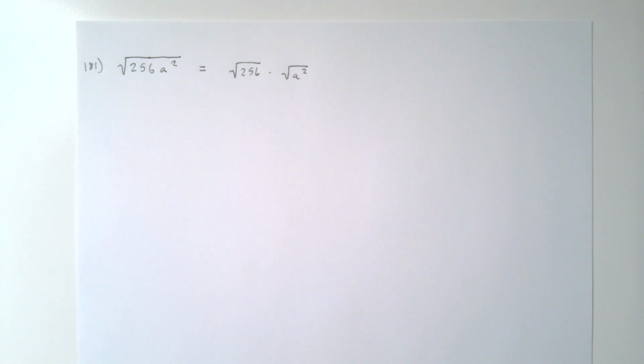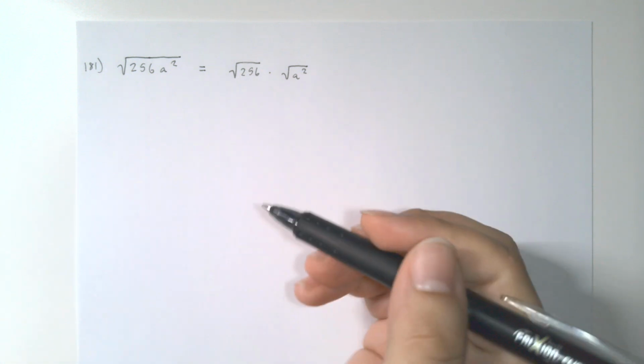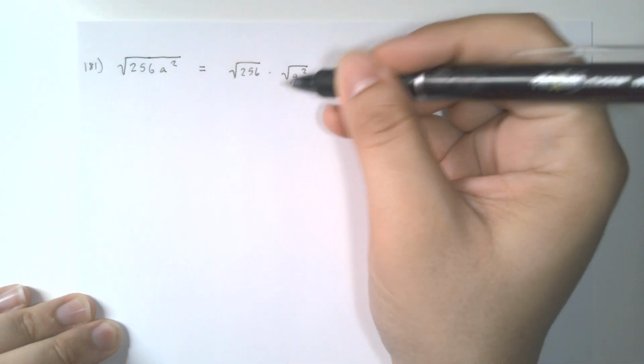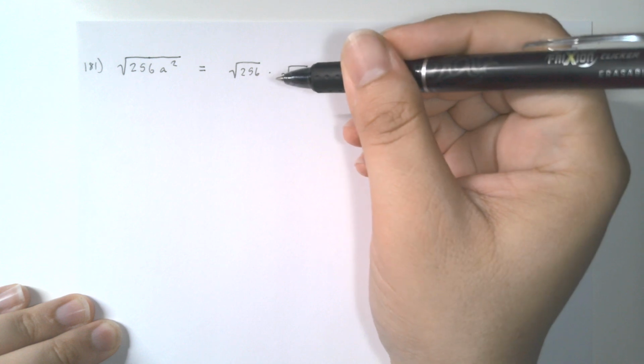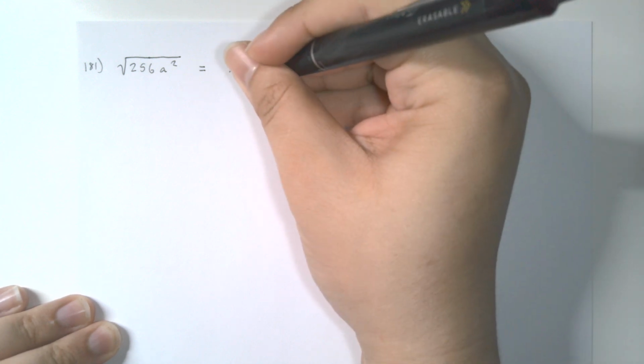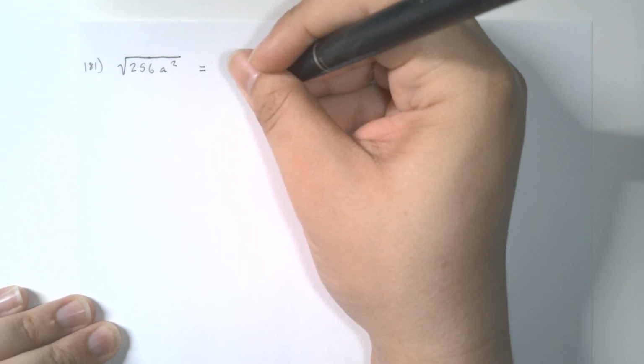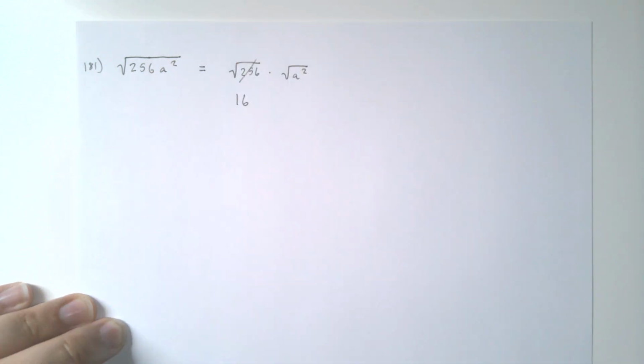So we want to separate our numbers and our variables. So then we just want to evaluate these things individually. So the square root of 256, if you look at your chart, you'll see that this is actually just 16. So we didn't need to make a factor tree here because 256 is a perfect square.